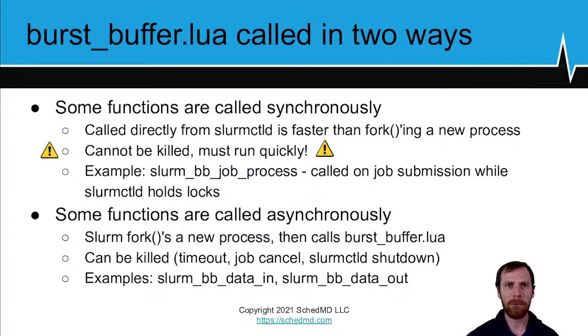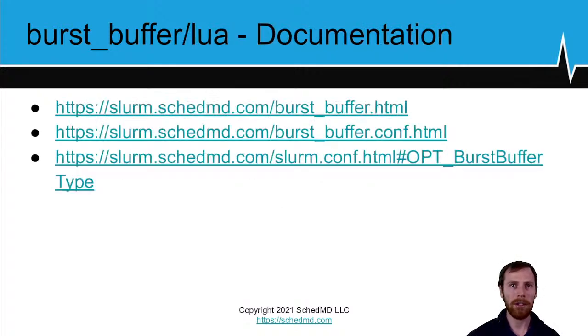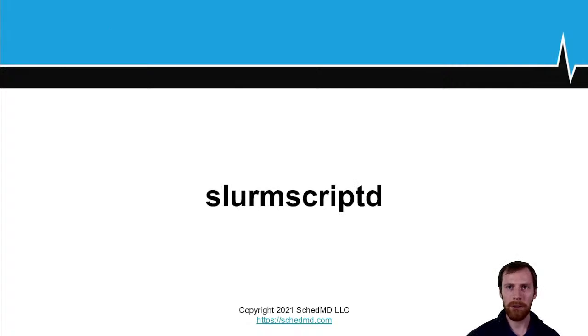By doing it this way, we can easily kill these child processes, such as if they time out or if the job is canceled, or if you shut down the slurmctld. That's all documented, which is called which way. Just make sure that the ones that are called synchronously have to run quickly. Documentation. Okay, slurmscriptd.